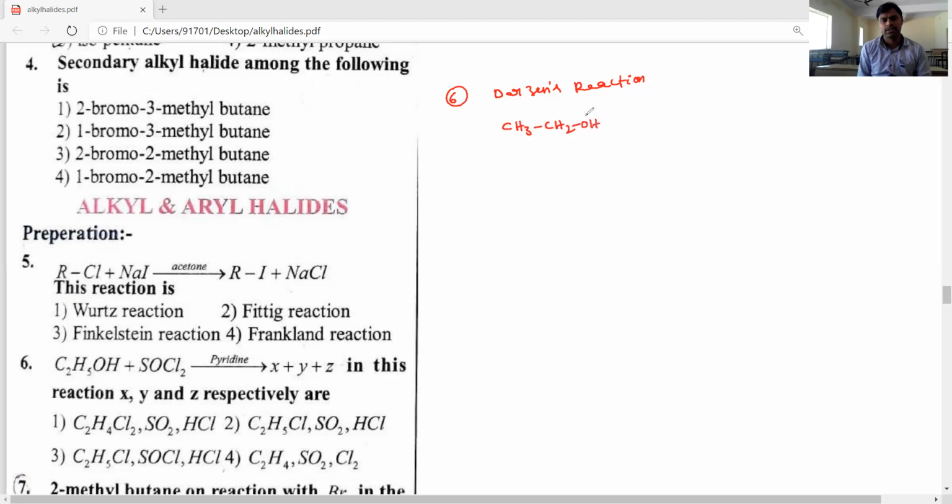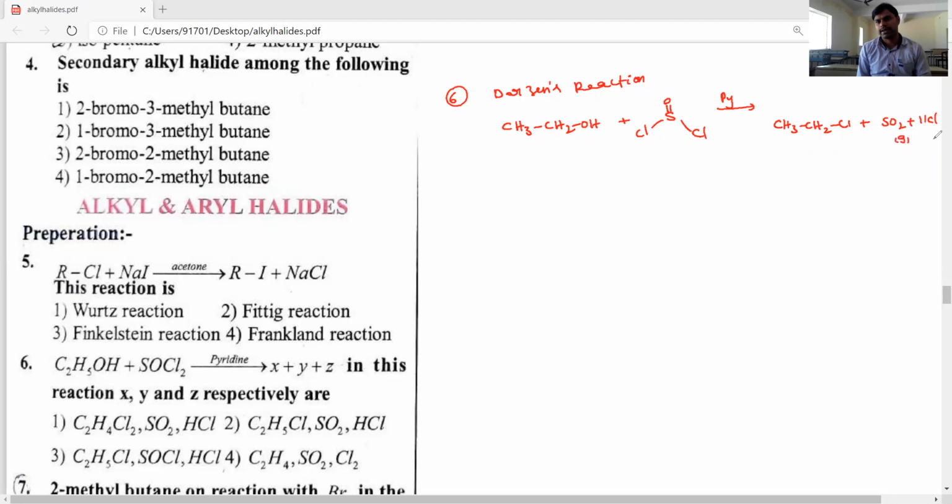Ethyl alcohol reacts with thionyl chloride, S double bond O, Cl and Cl, in the presence of pyridine. What are the products? The products are CH3CH2Cl plus SO2 plus HCl.